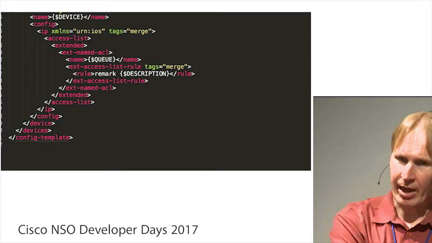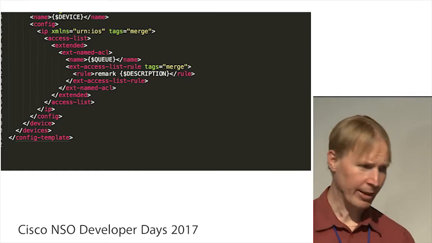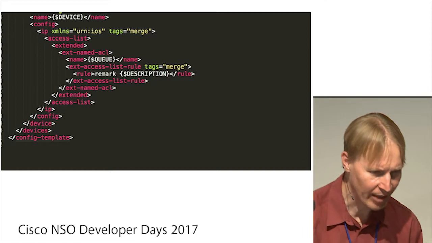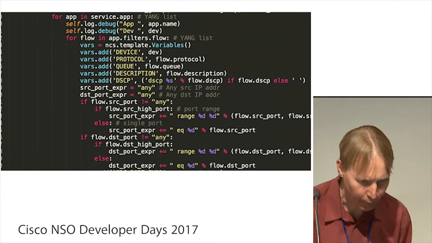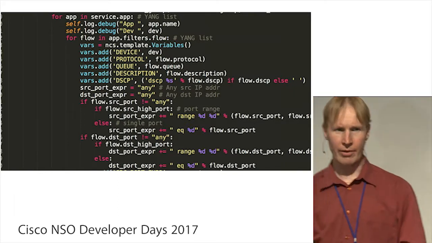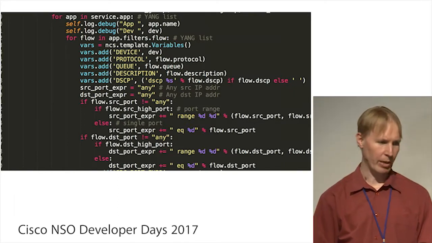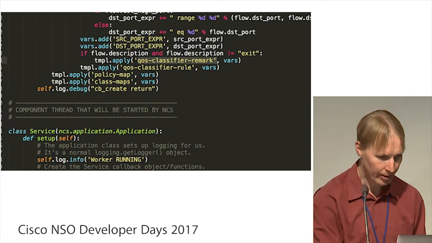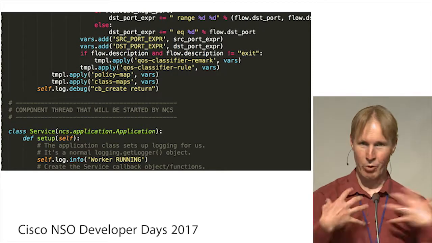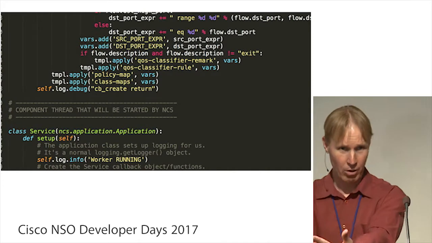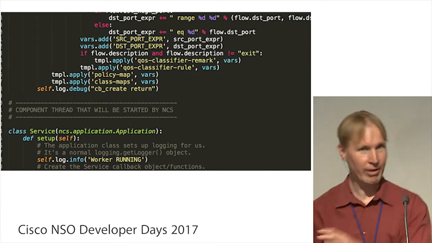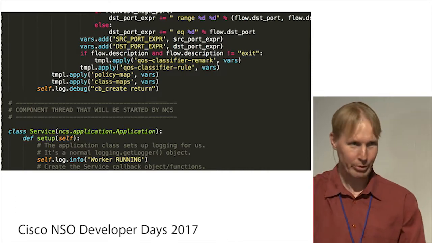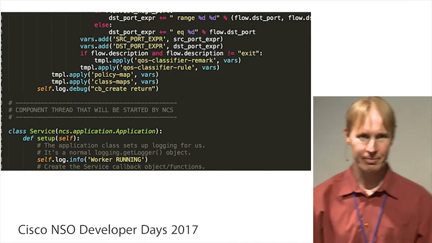But if, in this case, the Python code is explicitly calling out and saying, I want to apply this template by saying here the name of the template, CrossClassifier remark, then you should not have a service point definition in there, because you have already registered here. This Python code says, I am responsible for this, so you will be called by the Python code. If you have this service point in the template, we go to the template directly and do not go to your Python code. So don't have that in there.